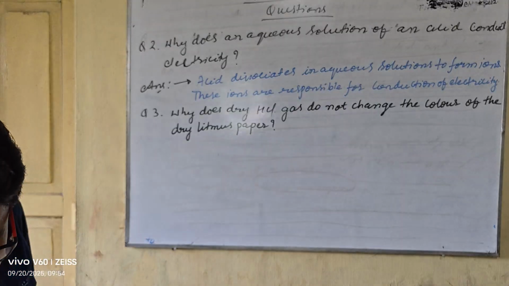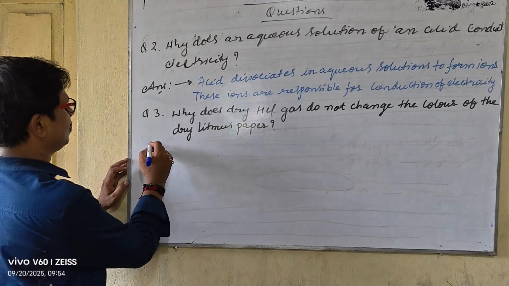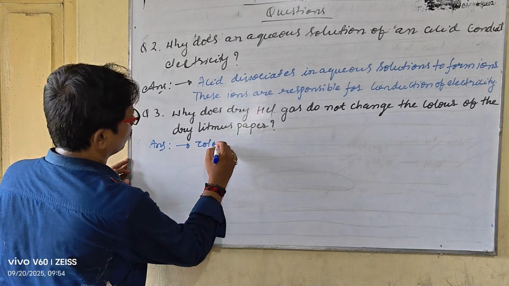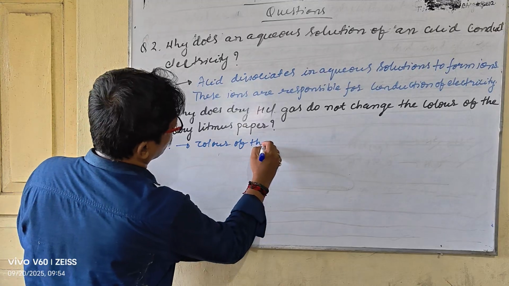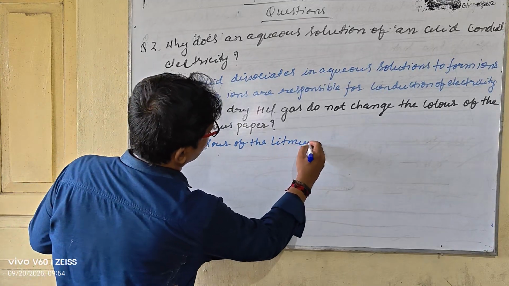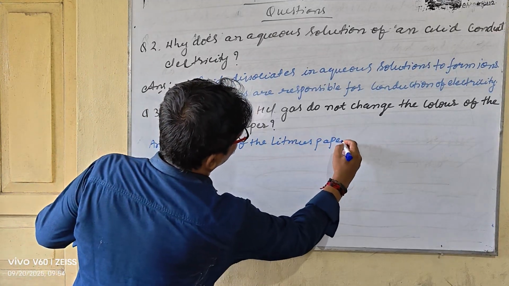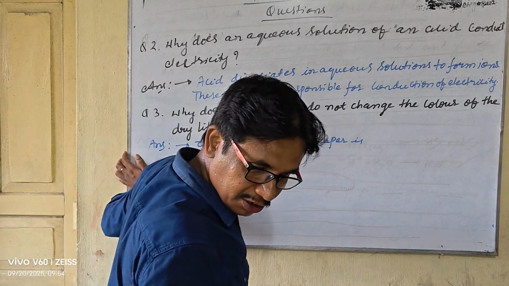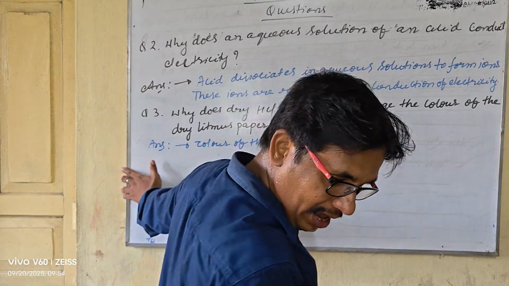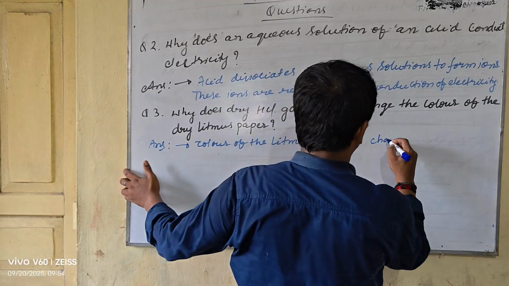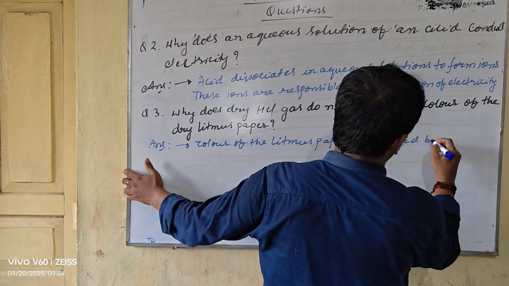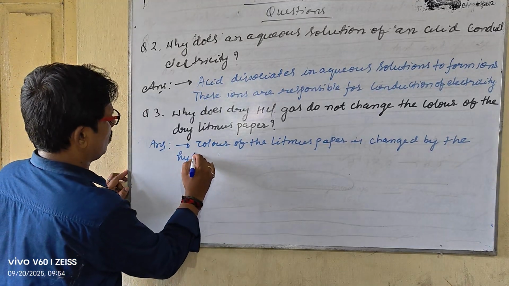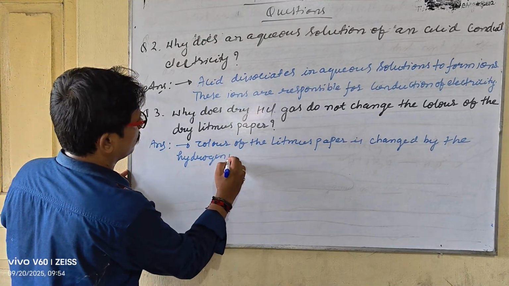The reason is that the color of the litmus paper is changed by hydrogen ions.